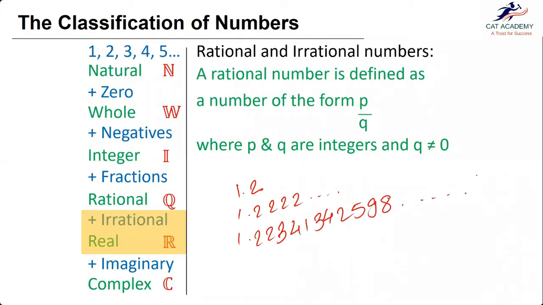So there can be three types of decimals. What would you call number one, the first one, 1.2? Terminating decimal. Second one would be called a recurring decimal. And the third one would be called non-terminating, non-recurring decimal. Correct?